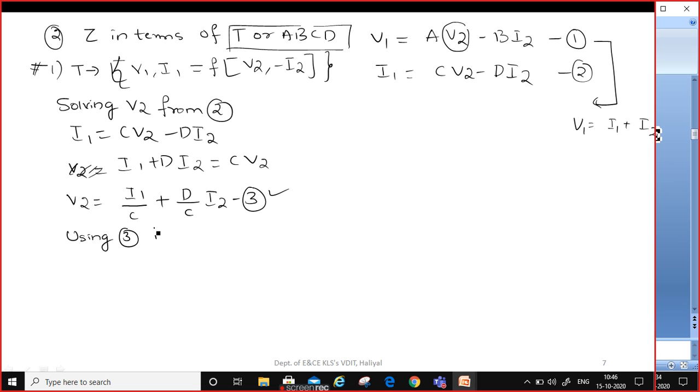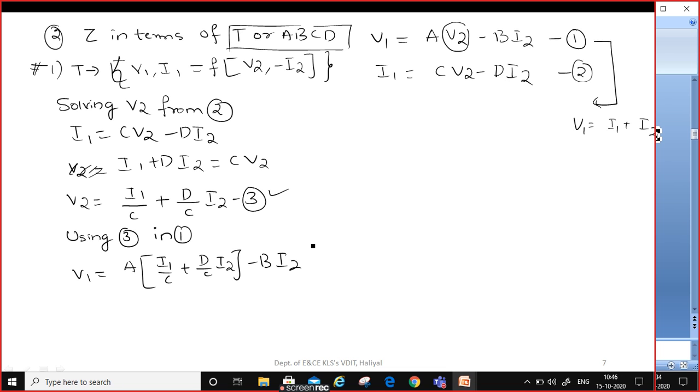Using 3 in 1, V1 is equal to A times I1 by C plus B by C I2, minus B times I2.